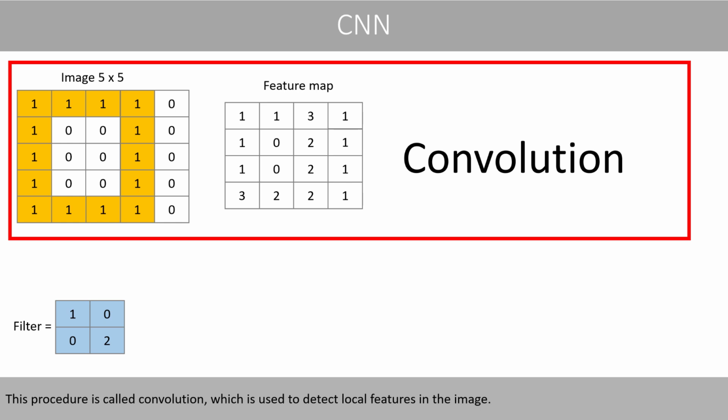This procedure is called convolution, which is used to detect local features in the image.